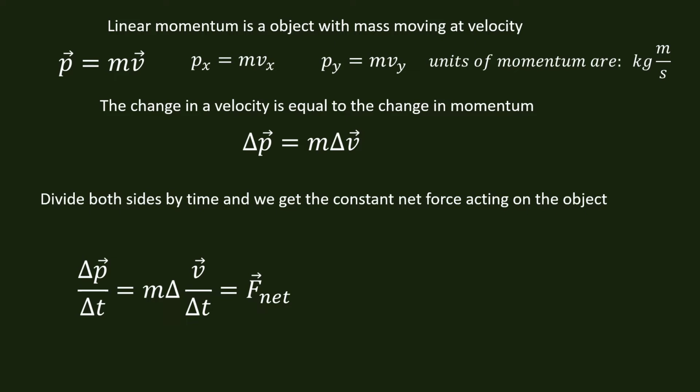There has to be some type of force, external force, internal force, that is acting on the system, and that is going to cause the change in momentum over time. And so we have this equation: the change in momentum over time is equal to the net force, or in some cases, what we call the average force.